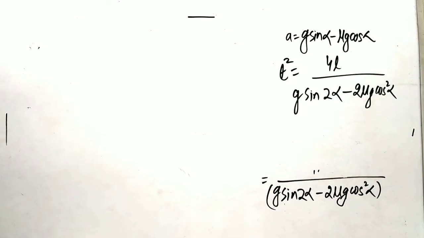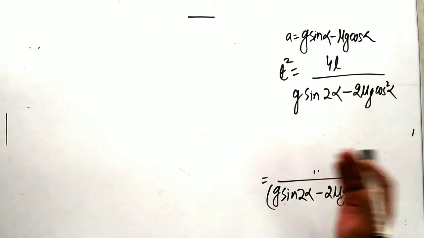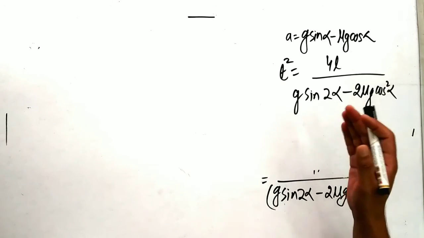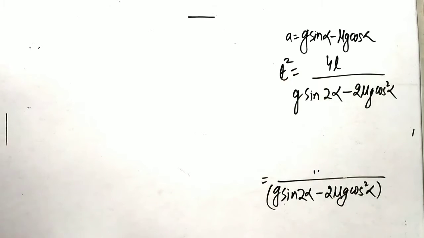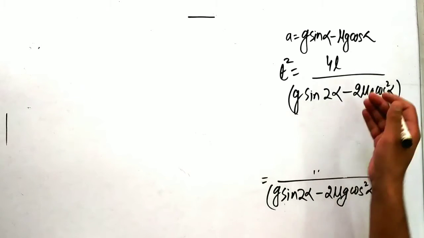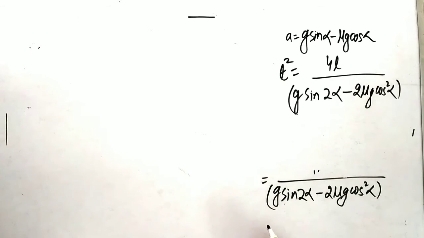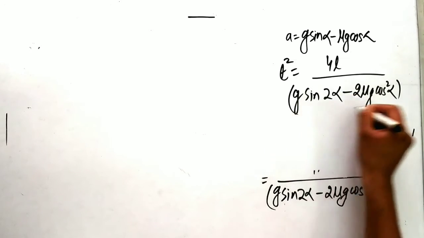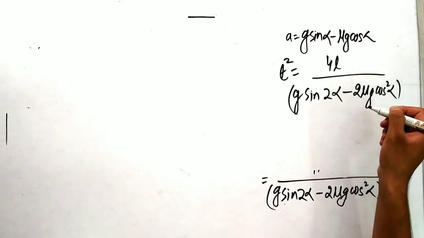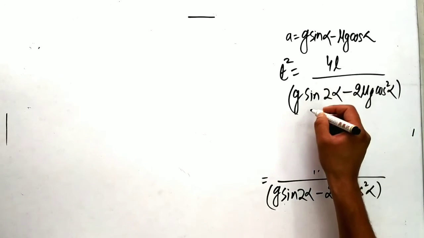Now the whole problem was focused on finding the minimum time for a given angle alpha. We have also got a relationship between t and alpha. What we are going to do is to use differentiation to find the value of alpha for which we have the minimum value of t. For t to be minimum, this expression here should be at its maximum value. To find the value of alpha for which this expression has the maximum value, we're going to have to differentiate this.